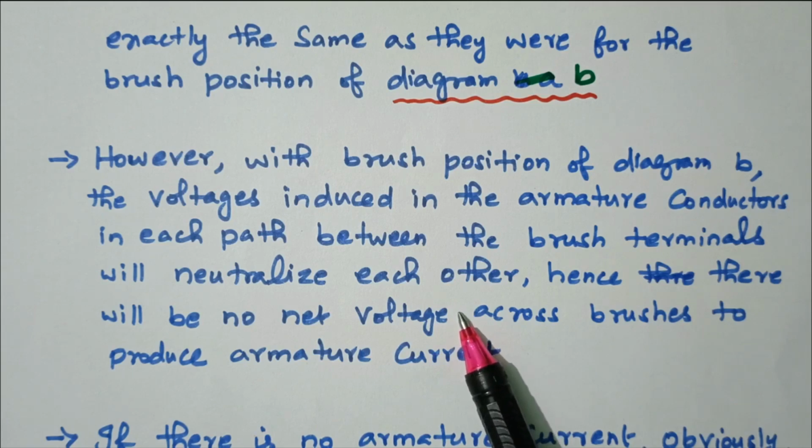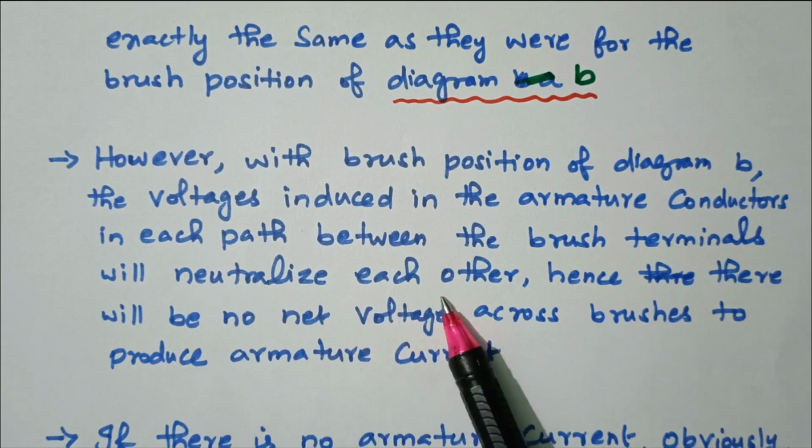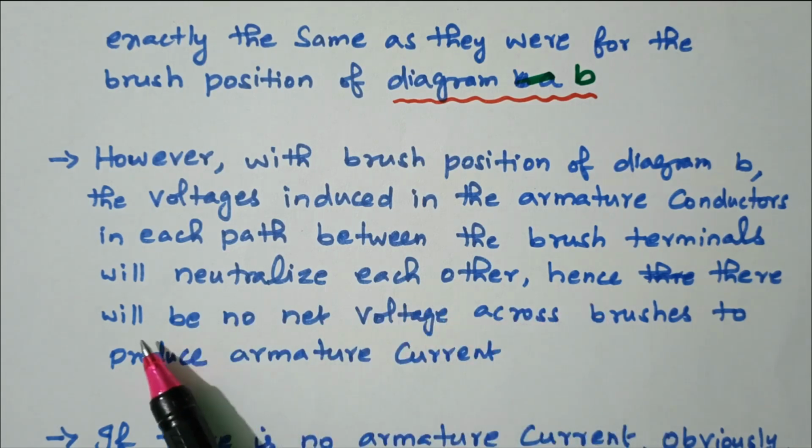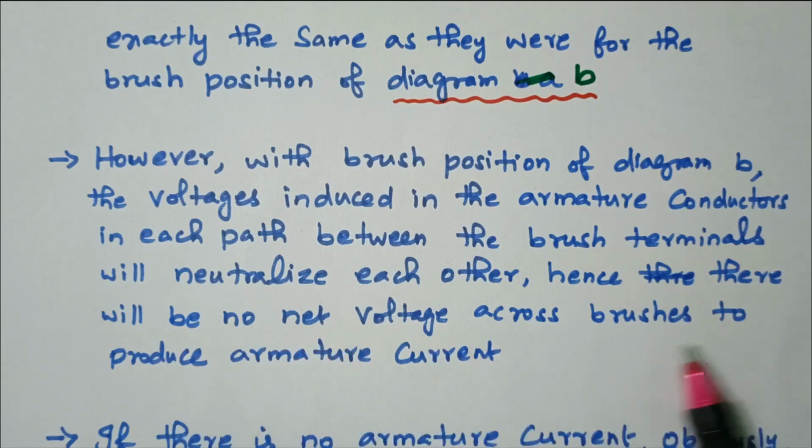So in diagram B, the magnetic axis and brush axis are 90 degrees to each other, and EMF is induced in the conductors, but it neutralizes each other. Hence there will be no net voltage across the brushes to produce the armature current, right?